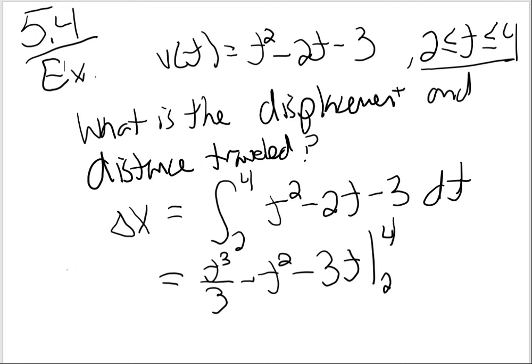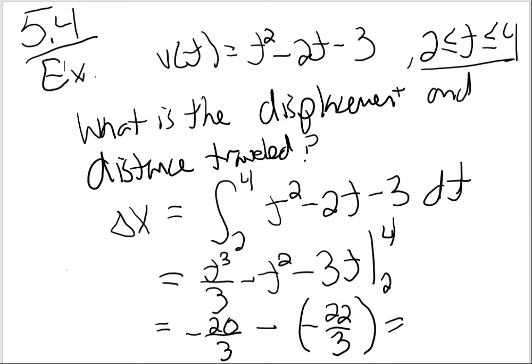Well, you're going to get, so the first one, you'll get negative 20/3 for 4, and then minus, once you plug everything in and you combine like fractions, you'll get negative 22/3.